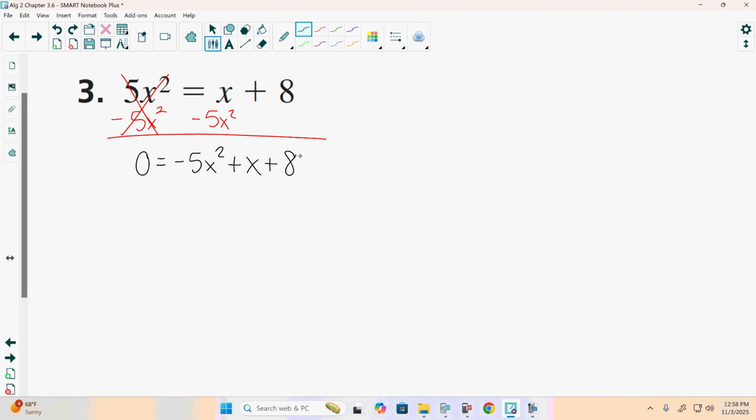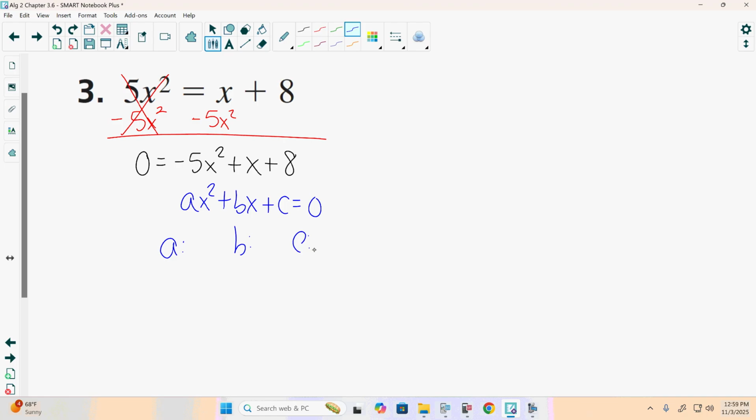Now, if we were factoring this or completing the square, we want that value of a for both of those to be positive. For completing the square, we need it to be 1. The quadratic formula doesn't care if a is 1 or if a is positive. It just wants us to plug in the value of a, b, c, however they are.